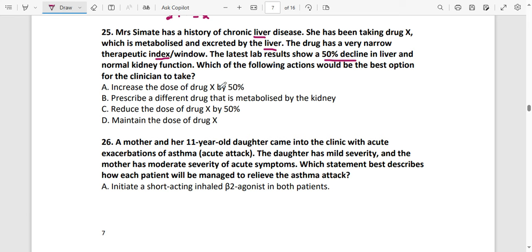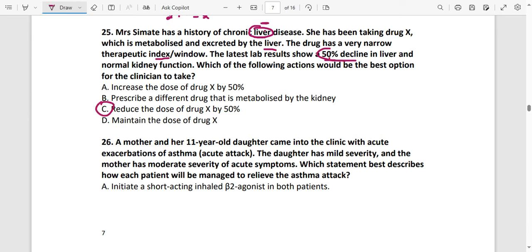Increase the dose of drug X by 50%, prescribe a different drug that is metabolized by the kidney, reduce the dose of drug X by 50%, or maintain the dose of drug X. Which one can we pick? The drug is metabolized in the liver, but this person has liver disease, and then coming to find out there is a 50% reduction in liver function.